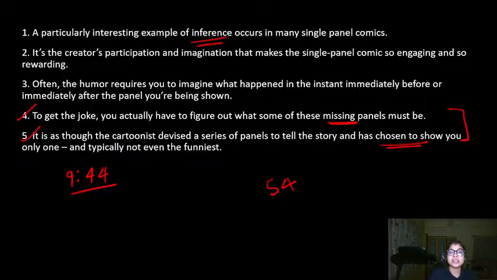Then it's the creator's participation and imagination. And A is first as the introduction. So first would come A as an introduction. And the third one focuses on often the humor requires you to imagine what happened in the instant immediately before. So this is also building upon what happens in or during the missing panels, right? So this should come after.